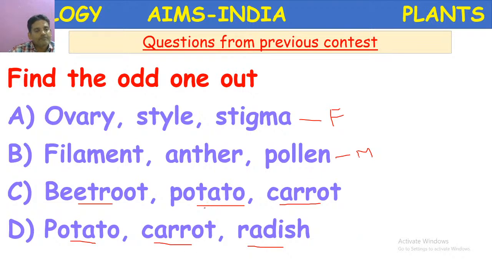So select from these two. Which is the odd one? Potato, carrot is common. Here radish is given and here beetroot is given. So as in both options stem is present, root and stem are there. So here C and D.